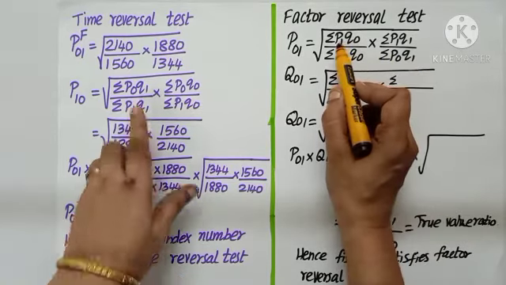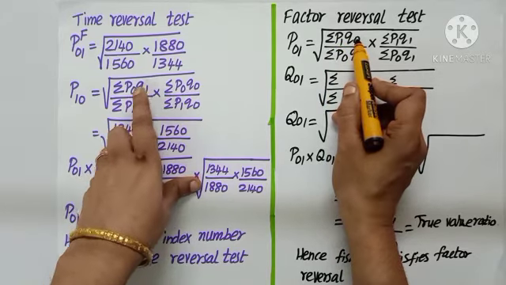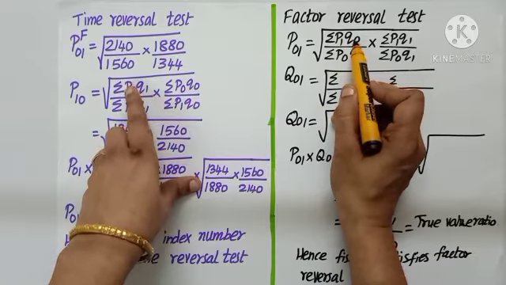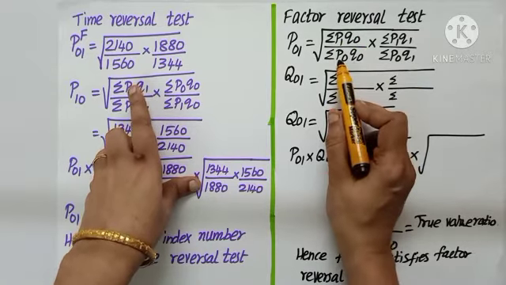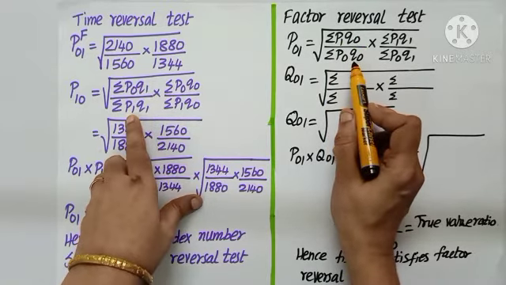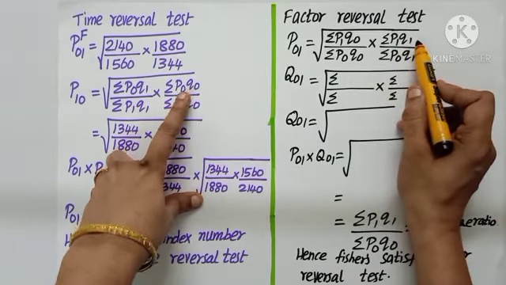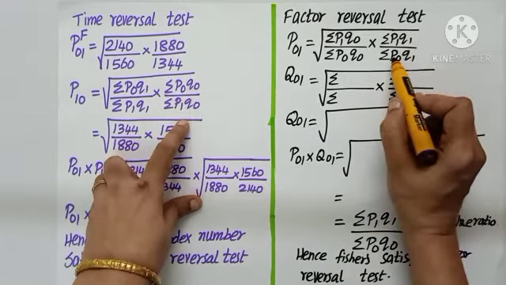All ones you make 0, all zeros you make 1. So see what comes: P0 Q1 first term, P1 Q1 second term denominator, here P0 Q0, and P1 Q0.